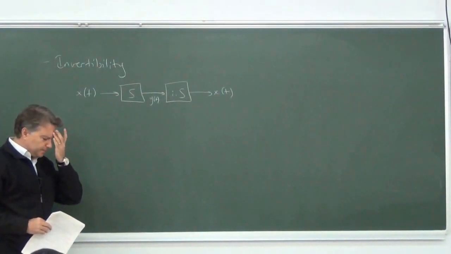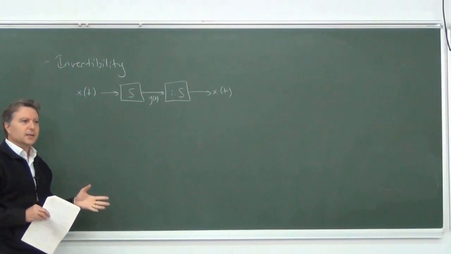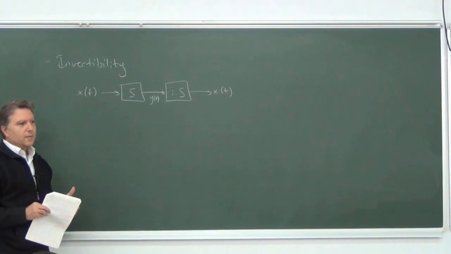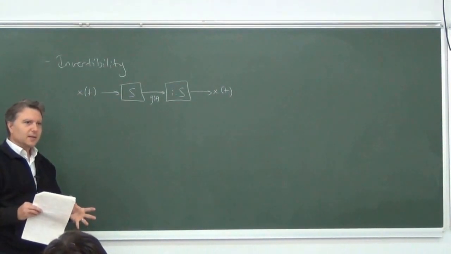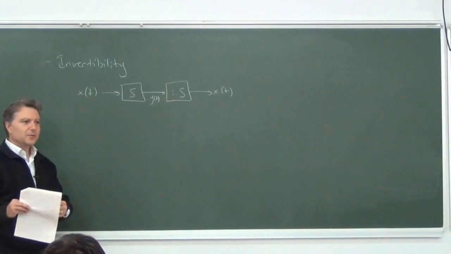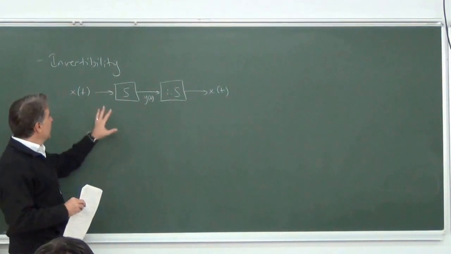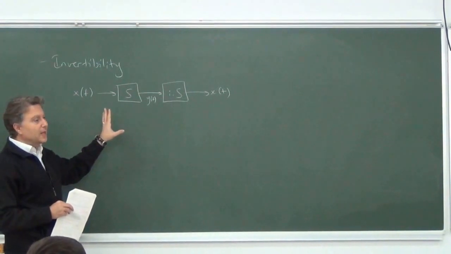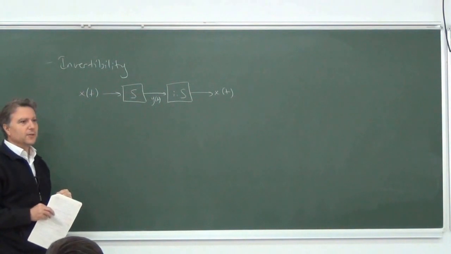We don't have the necessary tools to analyze this in more mathematical detail as we did with memory. For some systems, we know that the inverse doesn't exist using some of the tools that we will learn, like the Fourier transform or the Fourier responses, so-called spectrum responses. We don't know them yet, so it's a little bit difficult, but let's have an idea about invertibility for the time being.